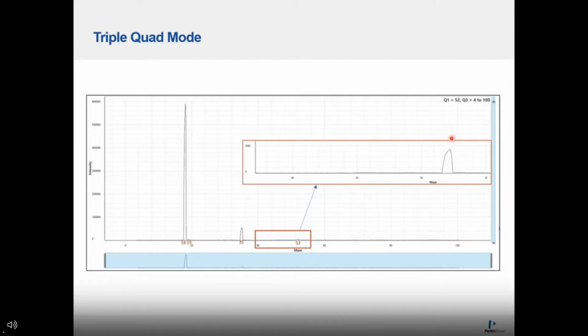This produced around 5,000 counts at mass 52 as observed, which is a combined signal of chromium impurities in the methanol samples that we analyzed and the ammonia cluster, which leads to a false positive result in a passive cell.